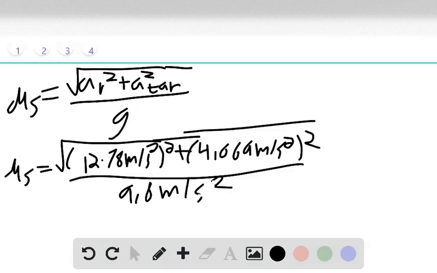Plug that into your calculator and you get mu_s equals 1.37, which we approximate to 1.4.